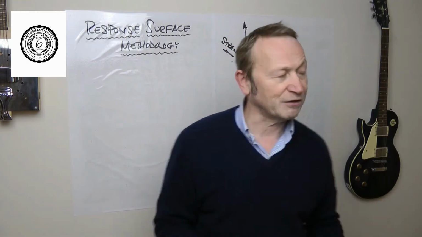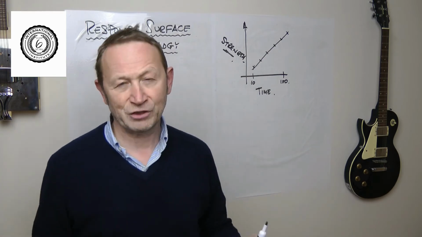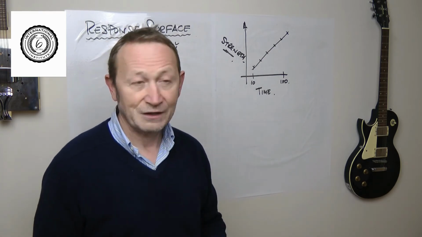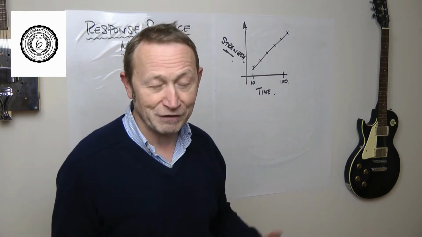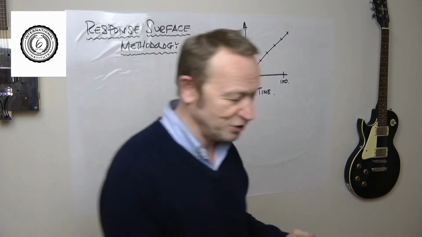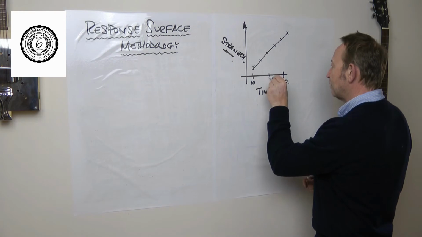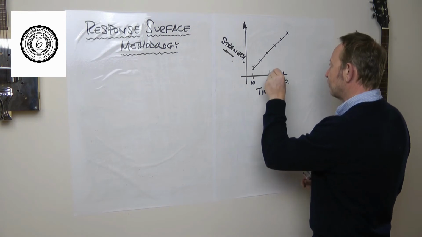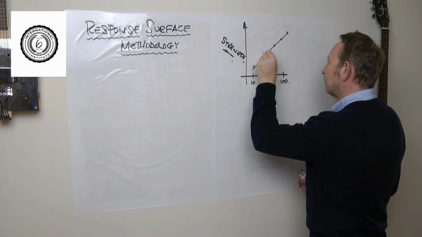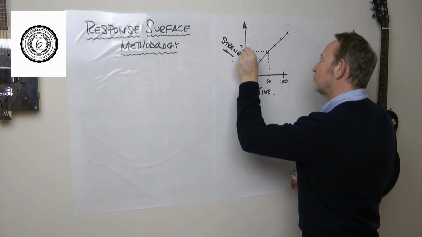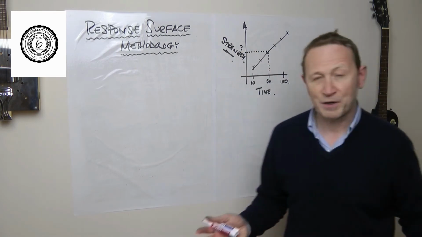Now this diagram is two-dimensional. It's just a flat picture, and of course it's very easy to understand. I could almost by eye say, well, if I set the result to 50, you could almost read that off just by using the diagram.